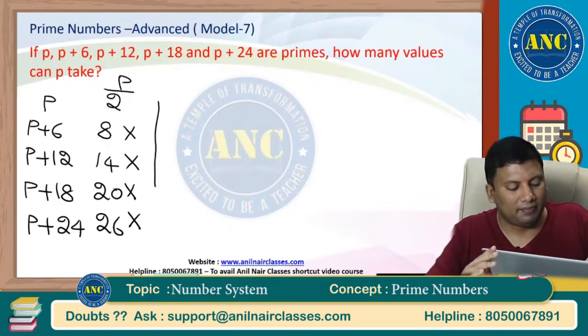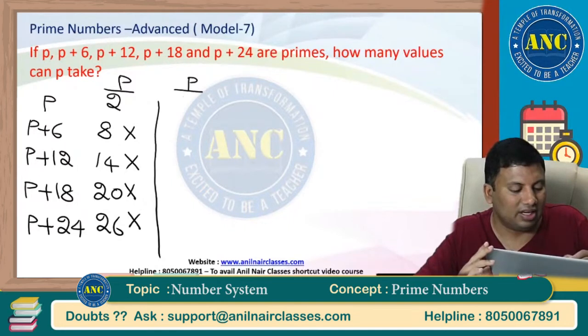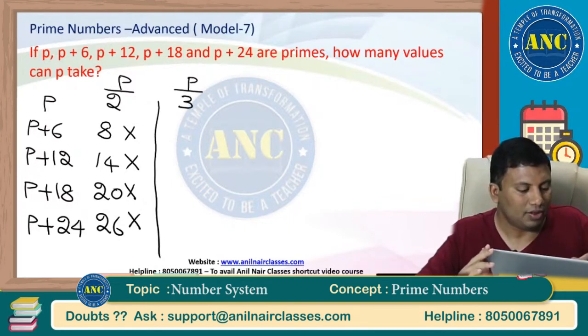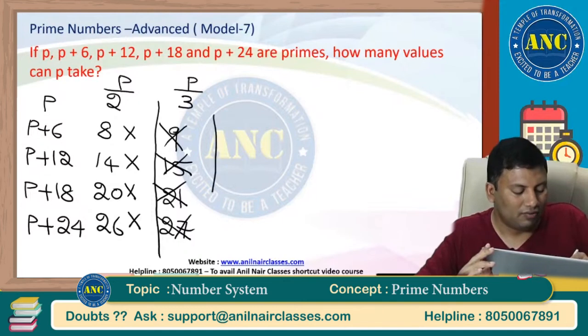These are all even numbers. Other than 2, there is no prime which is even. If it is 3, 3 plus 6 is 9, 3 plus 12 is 15, 3 plus 18 is 21, 3 plus 24 is 27. All are divisible by 3. So this also will not work.